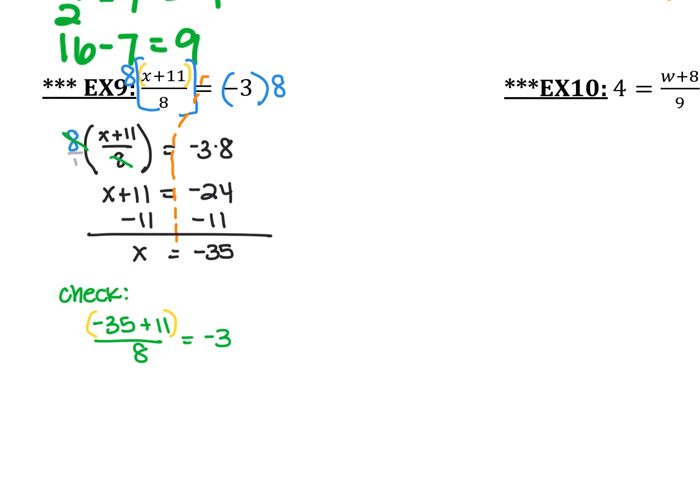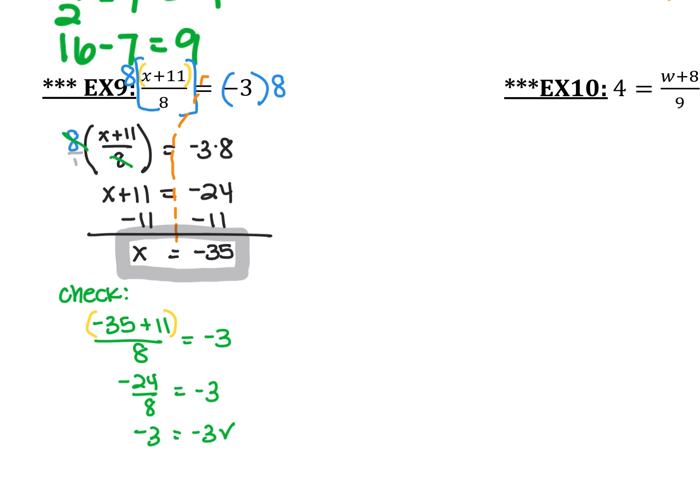It's like having parentheses, even though they're not written. So negative 35 plus 11 gives me negative 24 over 8. And I'm hoping that equals negative 3. And negative 24 divided by 8 is negative 3. So since both sides are equal, I know that my answer is x equals negative 35.